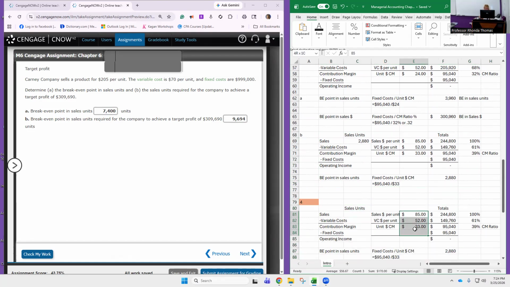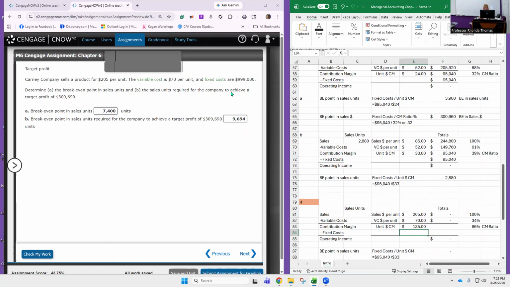I'm going to take all this out so that we can find it. Okay, so the sales dollars per unit is 205. The variable cost is 70. So that leaves us to do the math to find the unit contribution margin of $135 a unit.